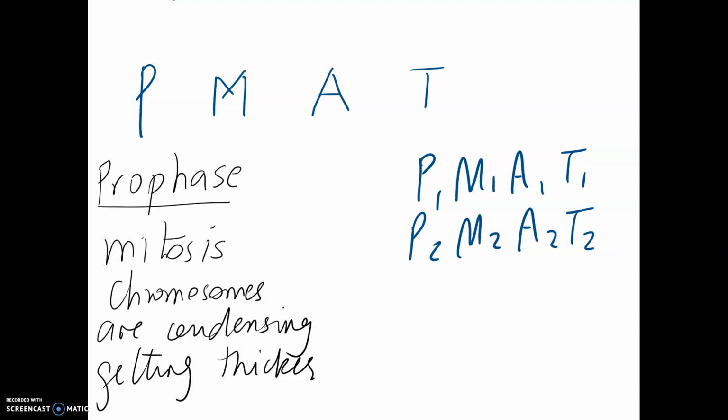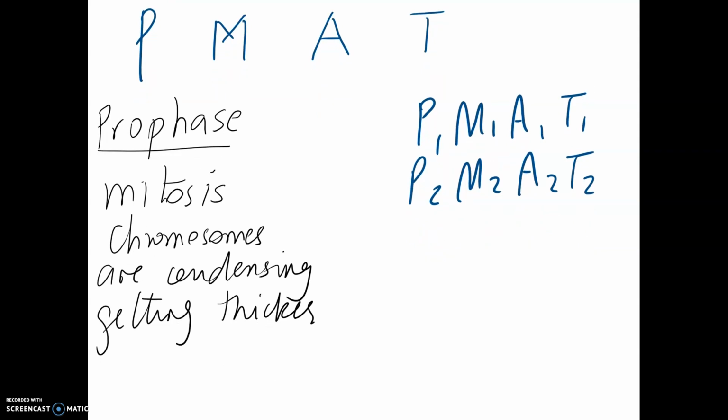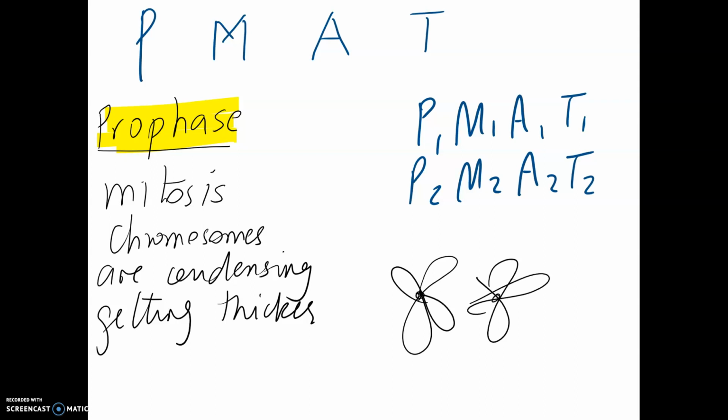Now, if you look at this side for the prophase, because it's going to duplicate, basically you'll have the same gene for both sides. Let's just draw that again.